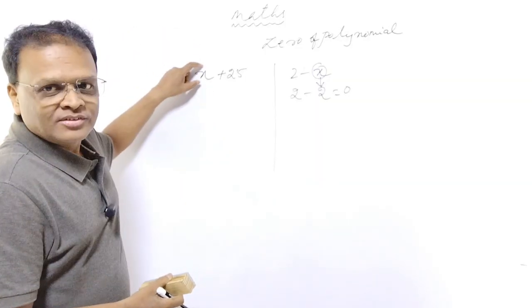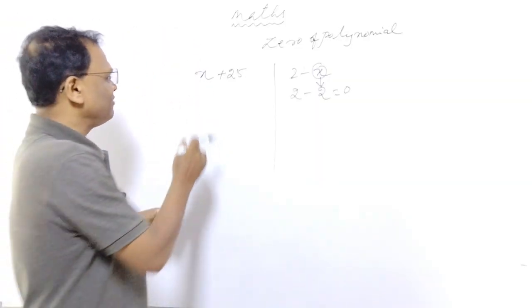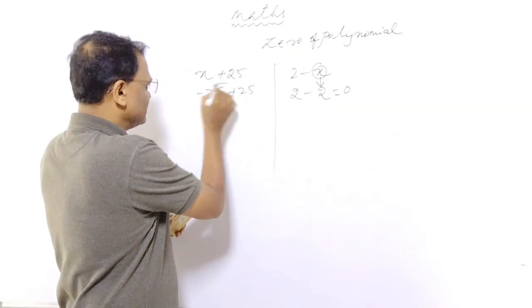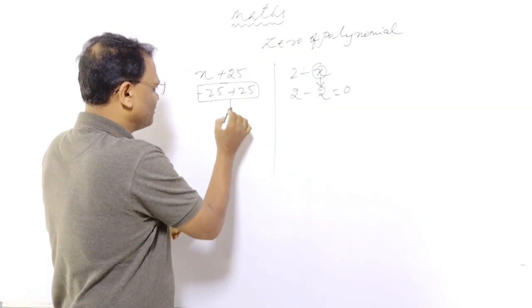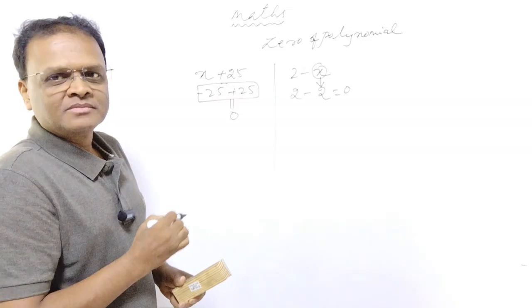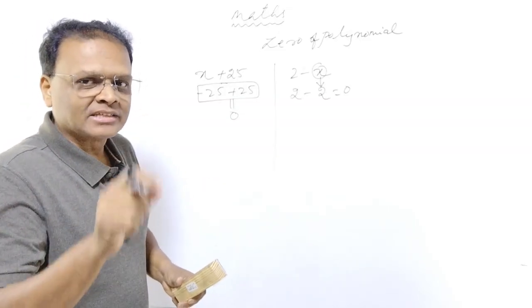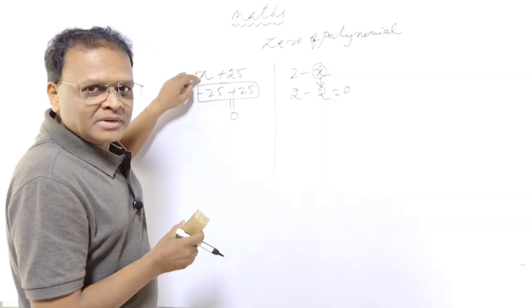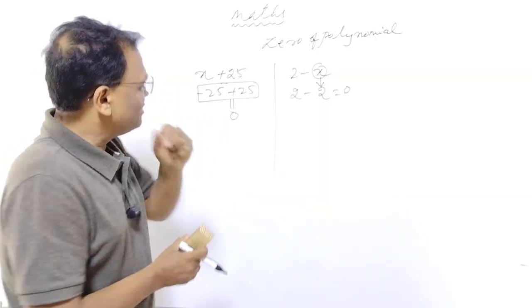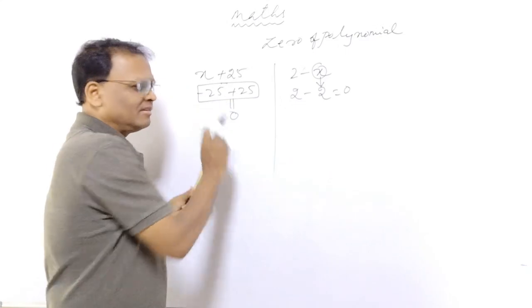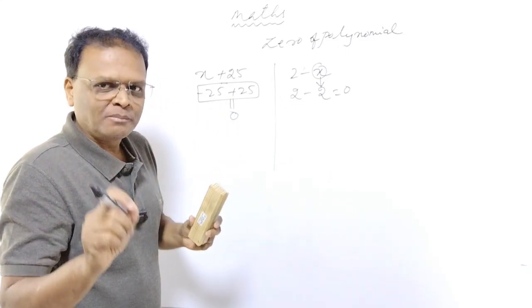Instead of x, if I write minus 25, then minus 25 plus 25 becomes 0. So which number have I written instead of x? Minus 25. And this minus 25 is called the 0 of the polynomial.